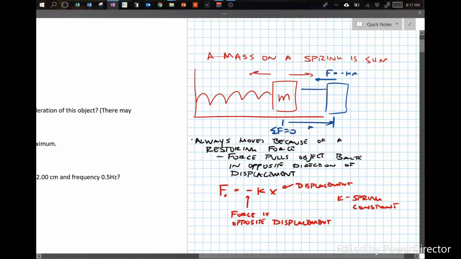The object's going to move back this way, but as the x gets closer to equilibrium, the size of the force gets closer to 0. So when we're back at equilibrium, the force is 0. We move past equilibrium quickly, and we come back to another amplitude, the negative amplitude, and the force here would be negative k times negative A, which would be kA, and that force would push us back to equilibrium.